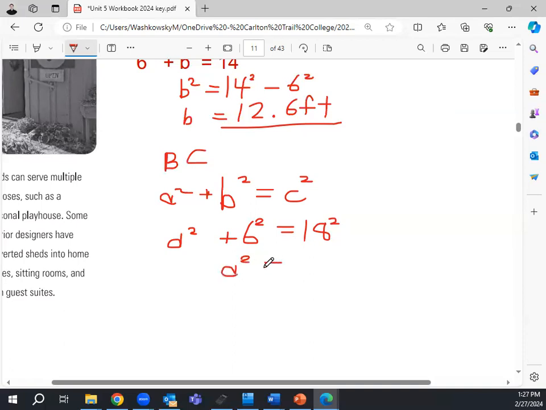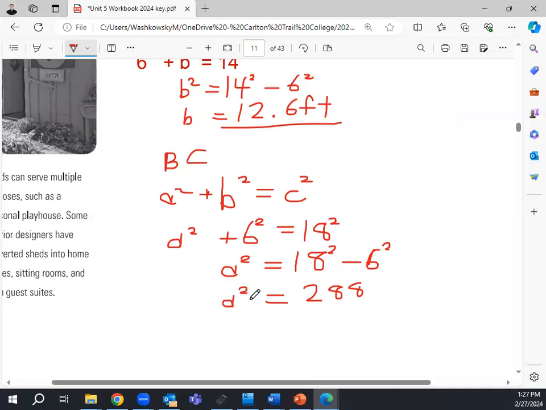A squared is going to be equal to 18 squared minus 6 squared, which would give you 288.